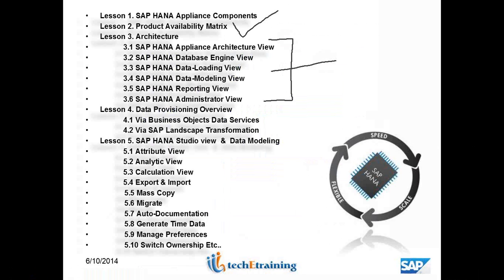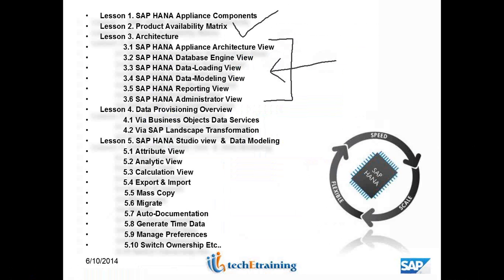So it is important for all of us to also have the basic awareness about the product availability matrix. Then we go into lesson number 3, where we have the architecture. This is a step-by-step architecture perspective, where we will look at the appliance, database, data loading, data modeling, reporting, and administration. So we look at the architecture from 6 different angles to be able to understand the 360-degree overview of HANA from an architecture standpoint.